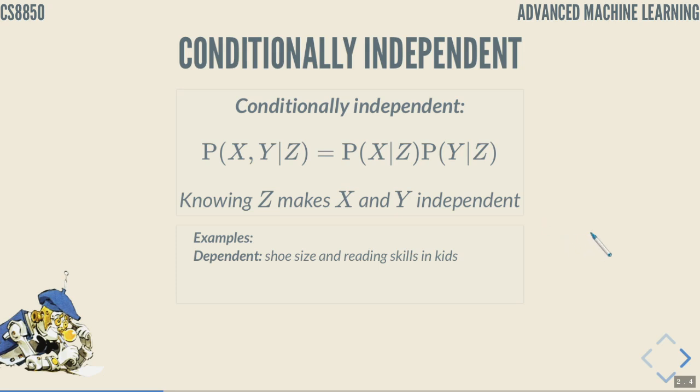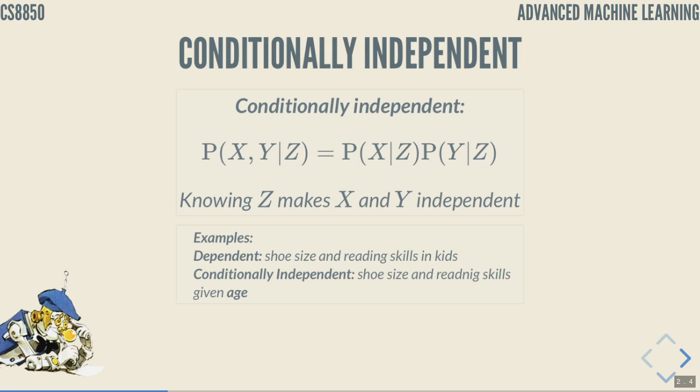Let's look at the common cause, the variable that causes both of them, or that they are both conditioned on: the age. Shoe size and reading skills given the age. If we know the age of the child, or if we fix the age, then there is no dependence.